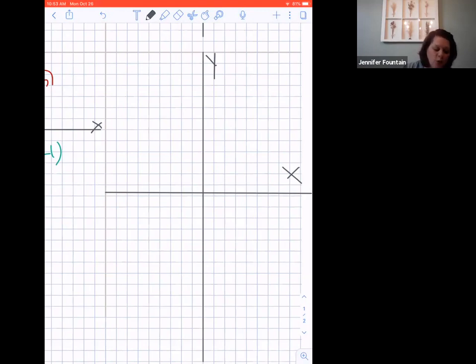It says graph the points on your own paper. Draw line segments between consecutive points. So basically what that means is when I graph point A and I graph point B, draw a line to connect A to B. Draw a line to connect B to C, C to D, and so on, and then to J. And then the last direction says, draw a segment joining A to J.